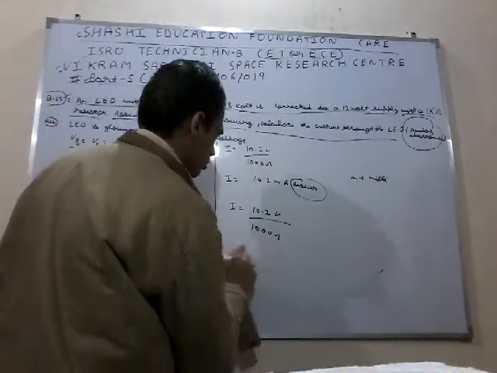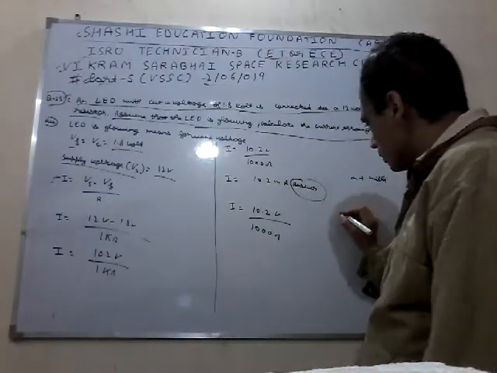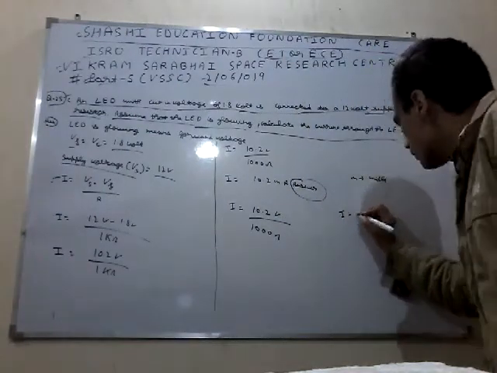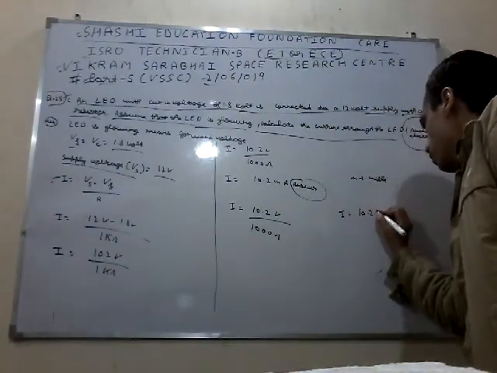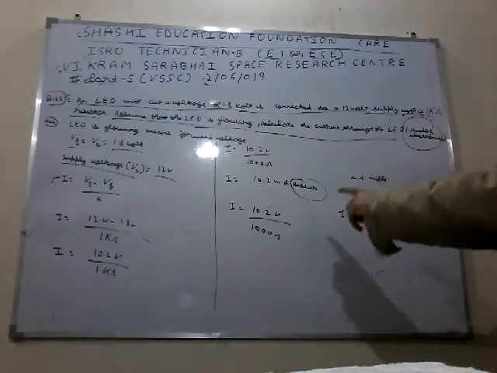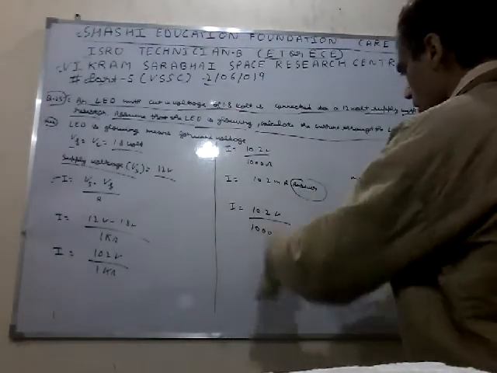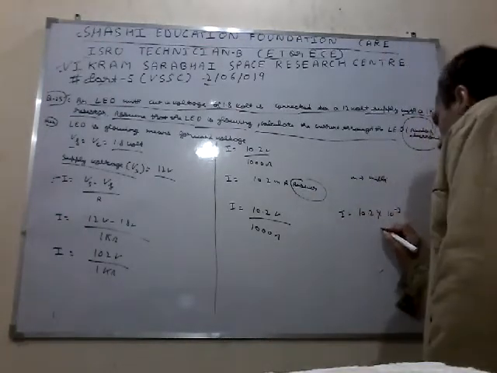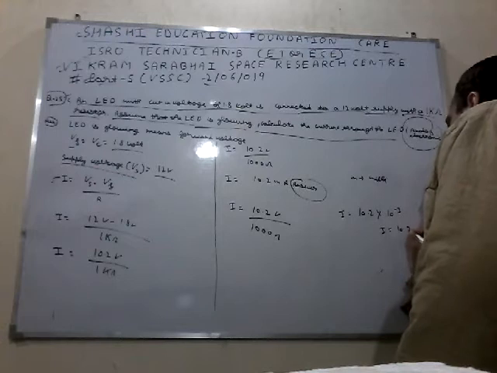So here, see, I equals 10.2 into 10 to the power minus 3, because it goes upward. So I equals 10.2 milliampere.